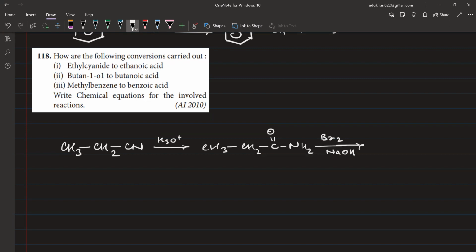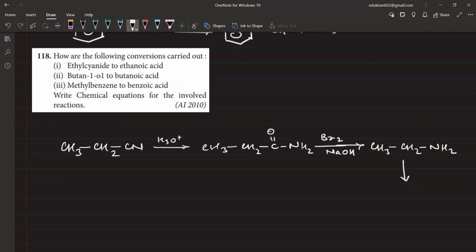The reagent is a halide, and then you are going to have 1 mole of NaOH. And then after that, you are going to get a simple amine, which is CH3 CH2 NH2. Now from this, you can easily prepare the ethanoic acid.